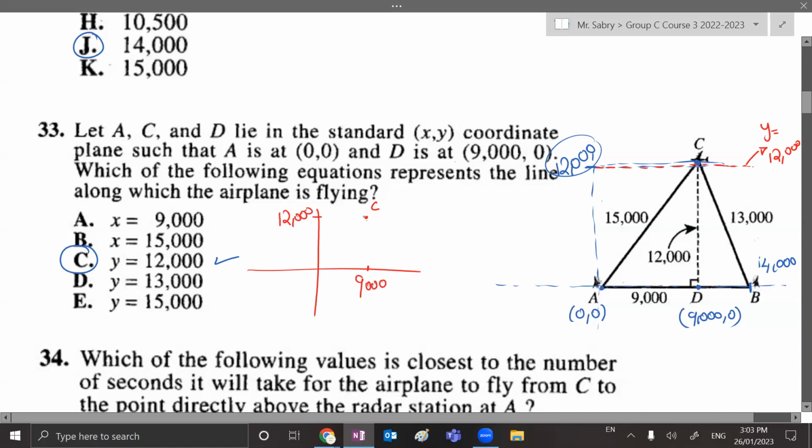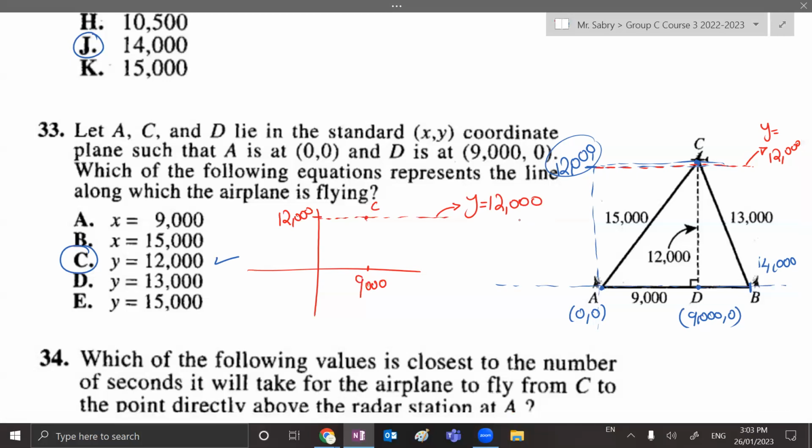And they're asking what's the equation of the horizontal line that passes through this point C. So the equation of this dotted line is y equals 12,000. It's not about the units of measurement or the distances. It's in an XY coordinate plane, like equations of lines. Does that kind of make sense? Or do you get my point, Yanni? Yeah, it makes sense. Sure.